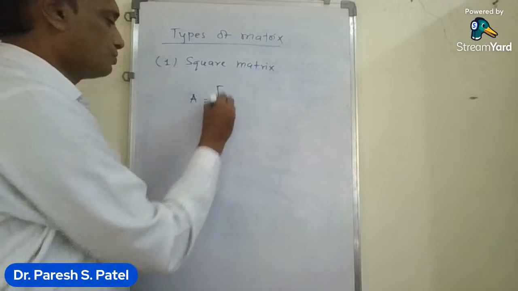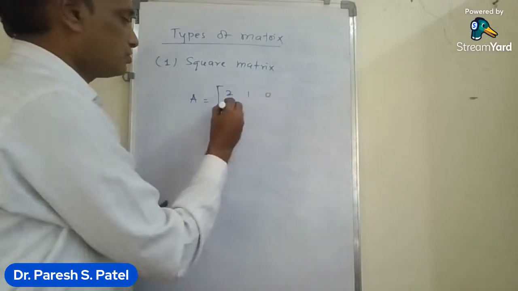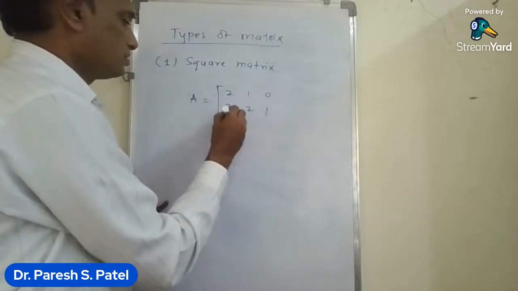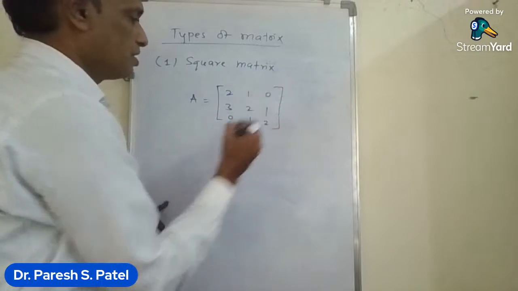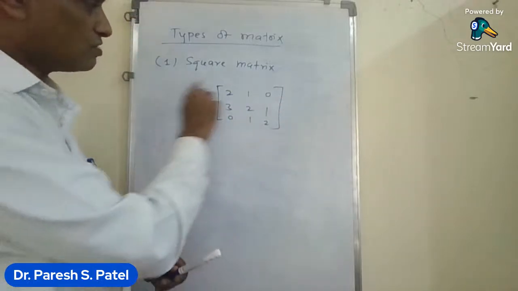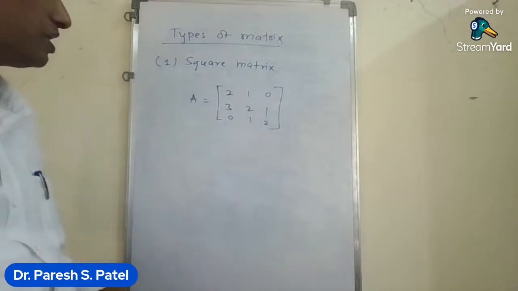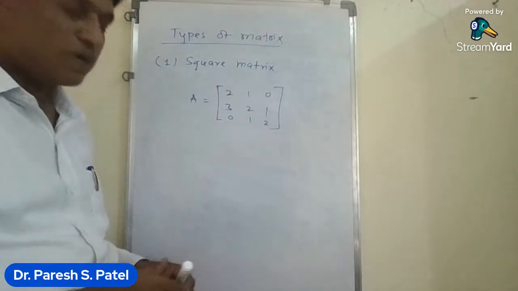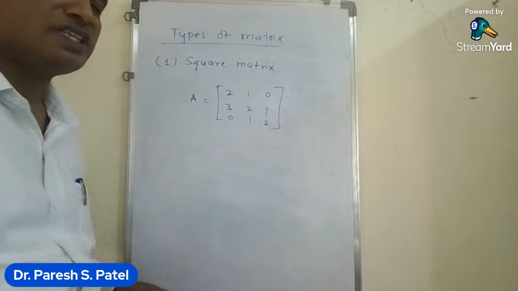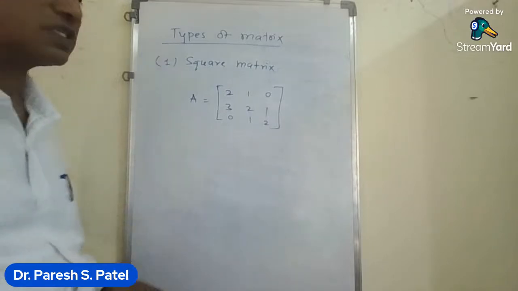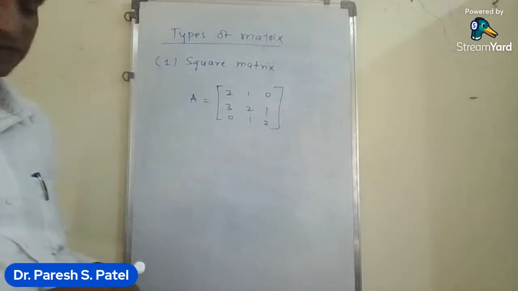A is equal to 2, 1, 0, 3, 2, 1, 0, 1, 2. Now here, the number of rows is equal to 3, the number of columns is equal to 3. It means the number of rows and columns are the same in this matrix. So this type of matrix can be represented as a square matrix.